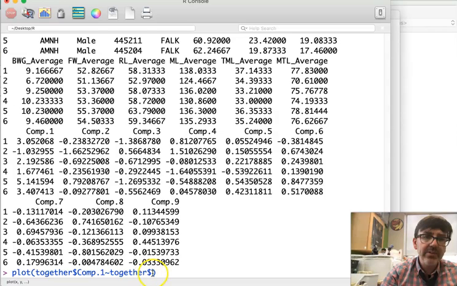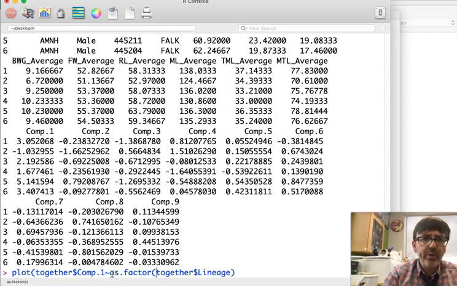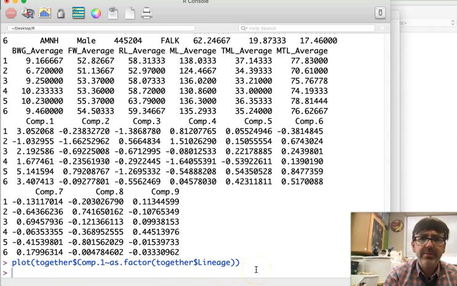Sometimes the cbind function does some weird stuff to our categorical values, so just to make sure it works, I'm putting it within the as.factor wrapper.